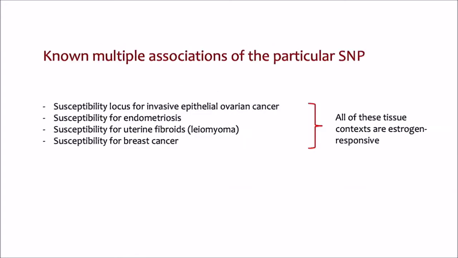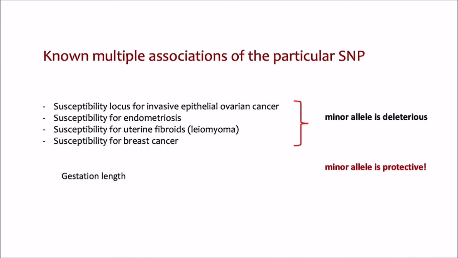What's interesting about looking at these additional associations with this locus is that all of these traits are really estrogen responsive tissues. So defects in estrogen responsive tissues. So that was one hint.